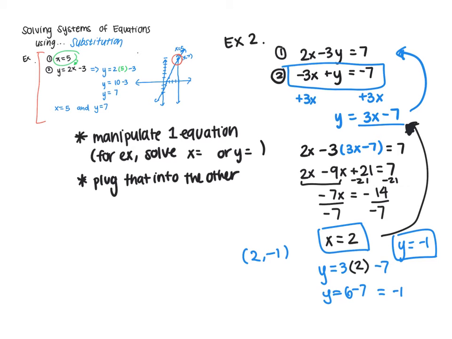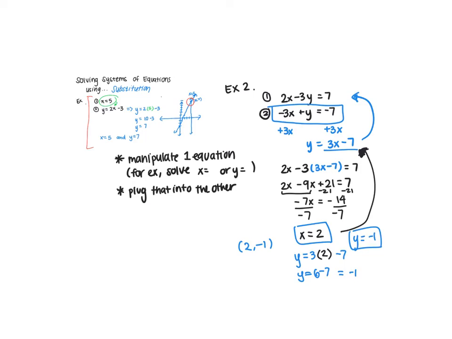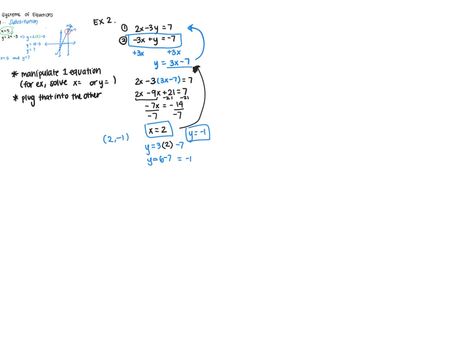I'll do one more example. And here we have the equations 3x plus 2y equals 1 and x minus 5y equals 6. So if we have these two equations, we can use the second one and solve for x.